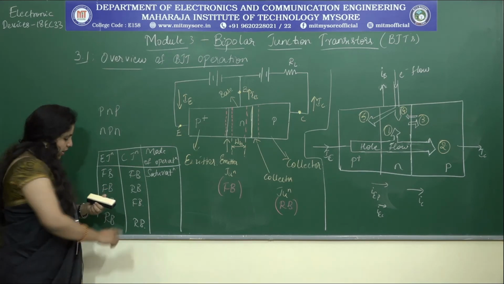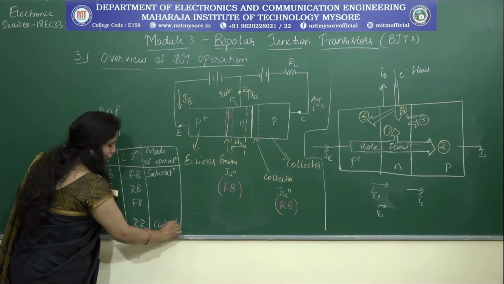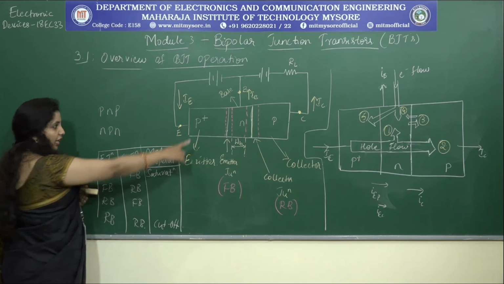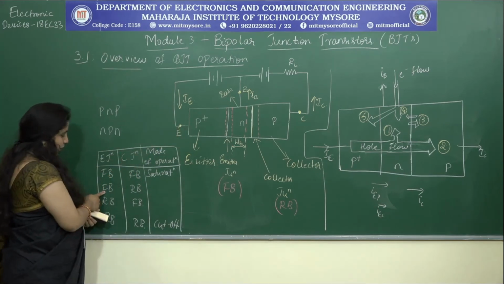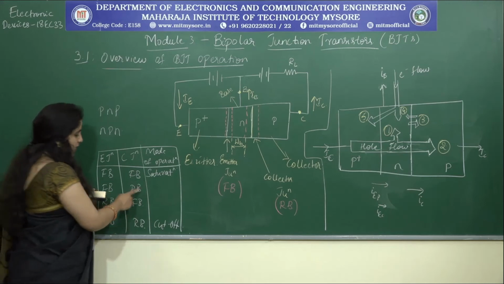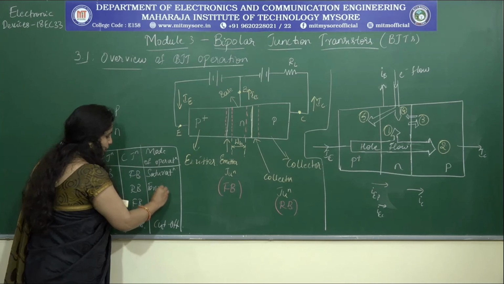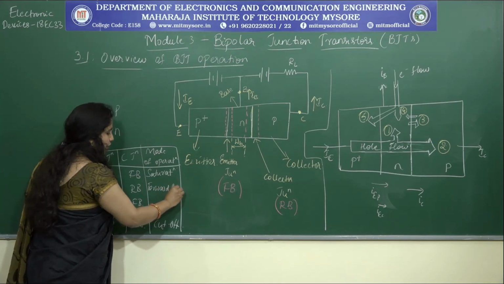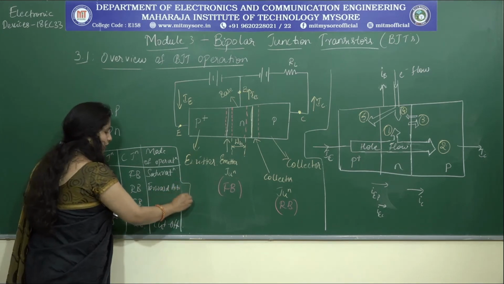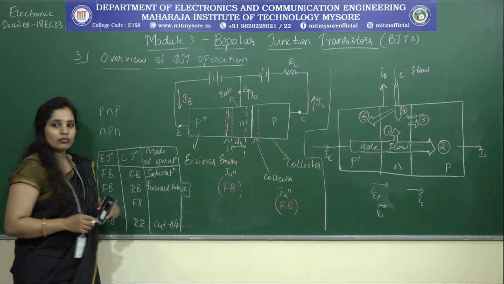If both of them are reverse biased, then that mode of operation is called the cutoff region. And what we have considered right now, the emitter junction forward biased and the collector junction reverse biased, is referred to as the forward active region, or simply in most textbooks just the active region.